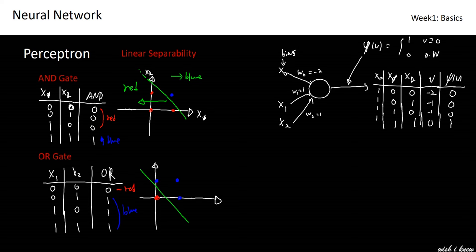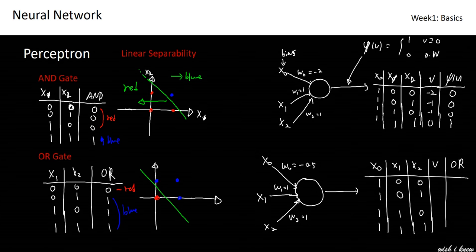So let's also draw a perceptron model for the OR gate. There's always our bias there, and x1 and x2. And our weight vector this time will be -0.5, and then 1 and 1.